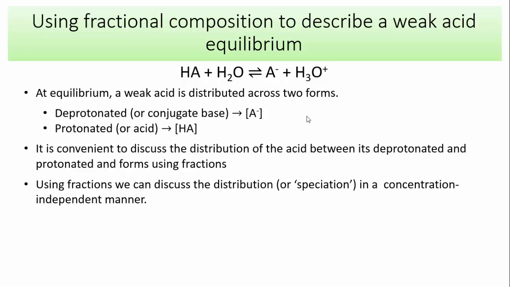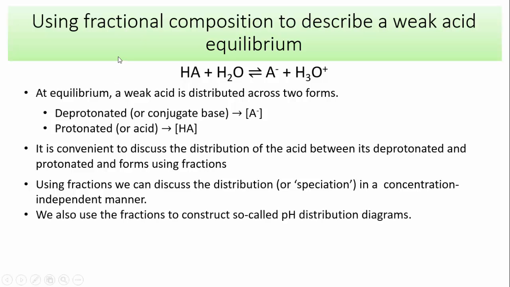In some cases, the behavior of an acid in terms of how much of it is distributed between protonated and deprotonated forms, say for example in a 0.01 molar concentration solution, is the same fraction wise as the distribution in a solution that has twice the concentration. So it's efficient to talk about it in a concentration independent way.